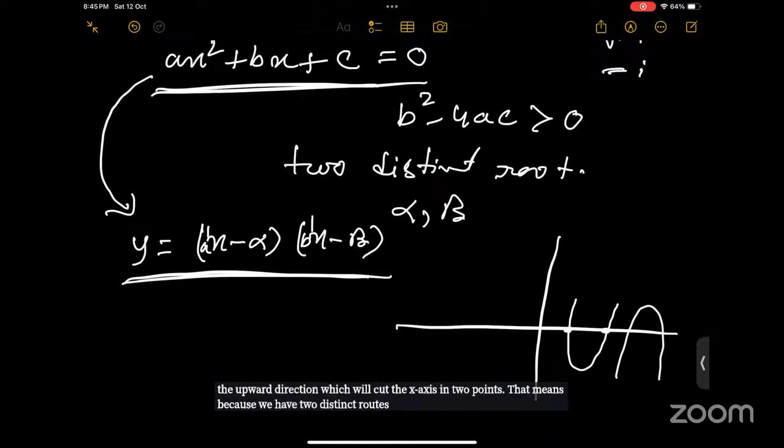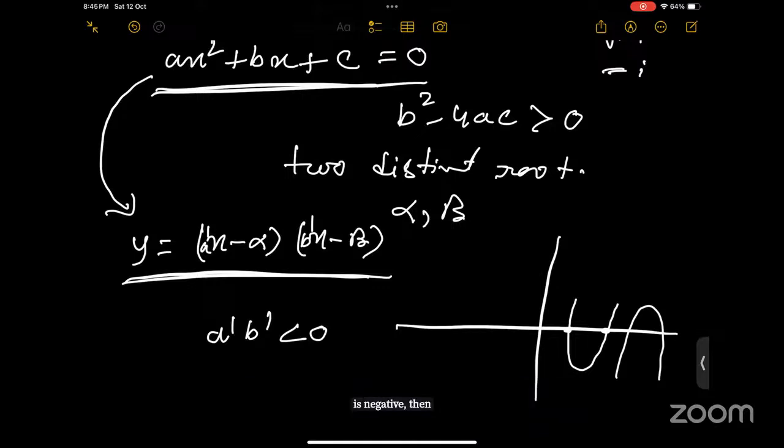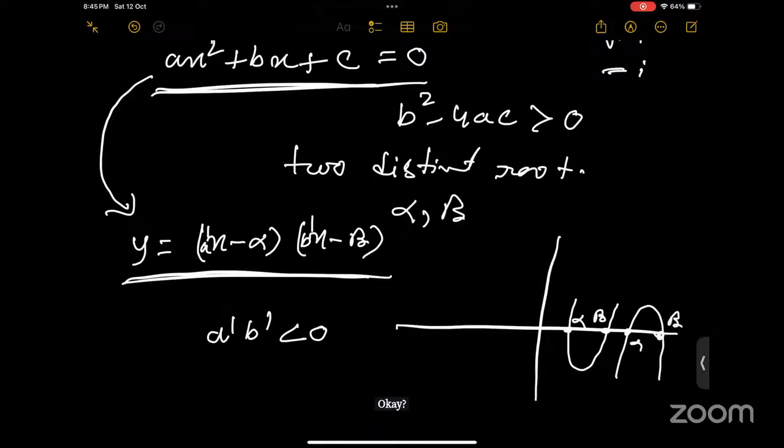And if a dash and b dash is negative, that means the coefficient of x squared is negative, then we will get a parabola in the downward direction, which will also cut the x-axis at two different points. These points are nothing but alpha and beta. Is the picture clear?